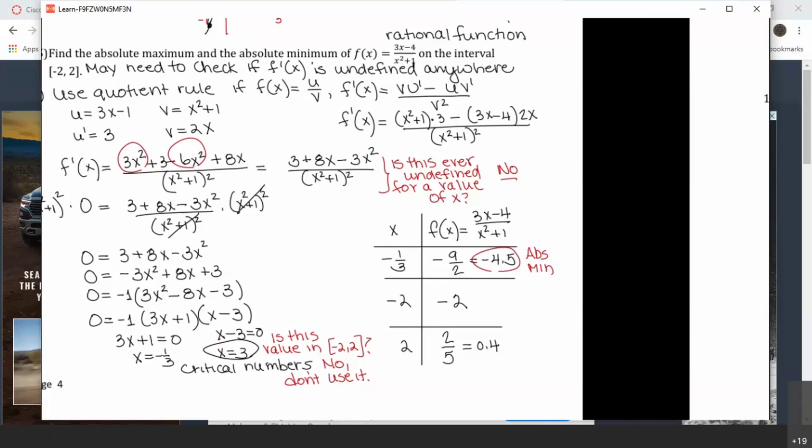Yeah, that's right. So my absolute maximum is this one, even though 2/5 is pretty small. It's the only positive value. So that's how you do those.